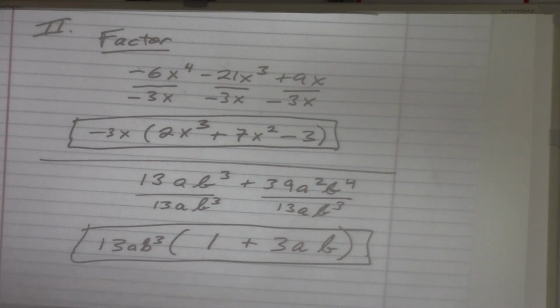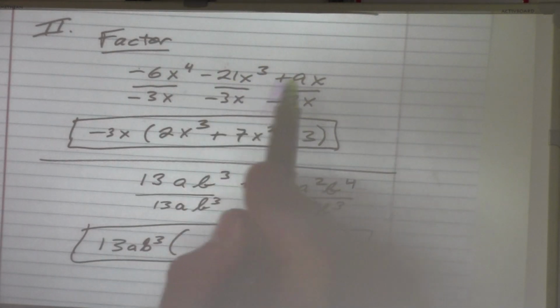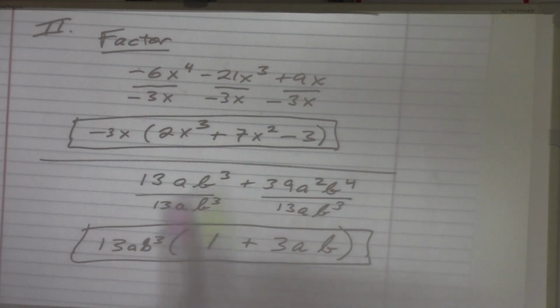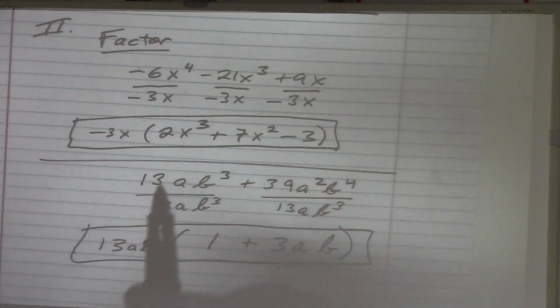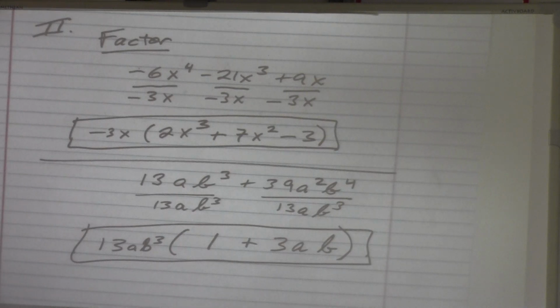Now, other lessons will go into other ways of factoring, but this is the first and probably the most important thing, because it's most common, of seeing that if there are common numbers and common variables, you can take that out. But it has to be common to every single one of the terms. And they were in this case. All right. So make sure you remember about taking out each one of the numbers and variables that are common to each of the terms.